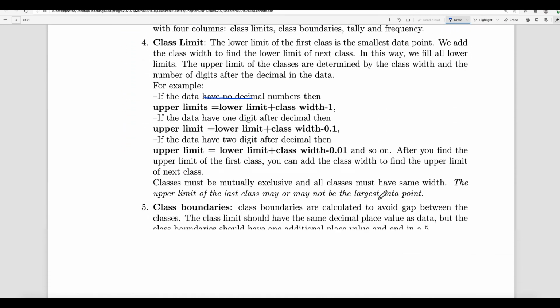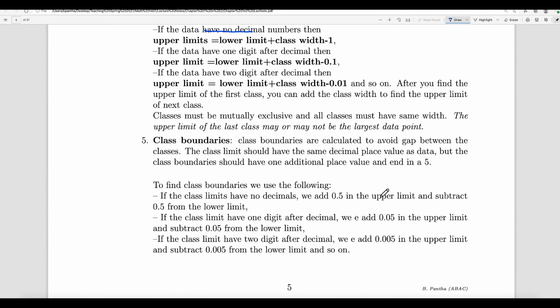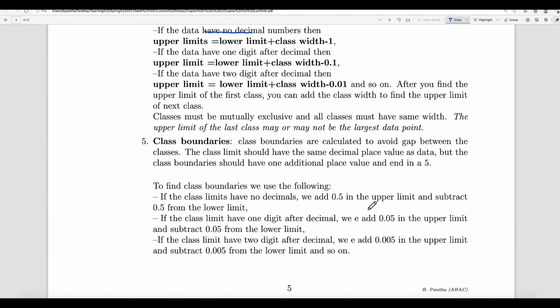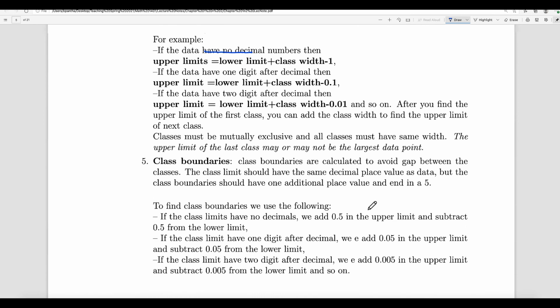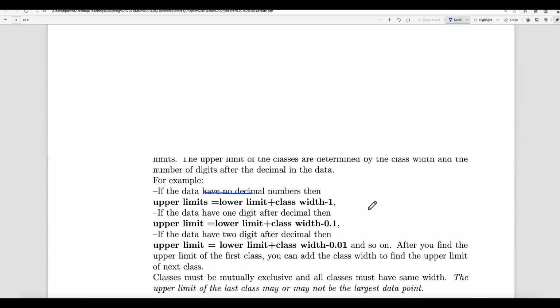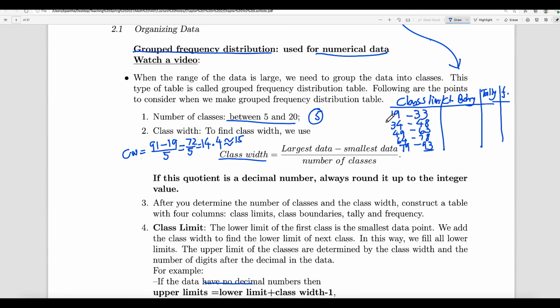Okay, let us look at the rule here. To find out the class boundaries, we use the following. How do I do that? If the class limit has no decimals, we add 0.5 to the upper limit and subtract 0.5 from the lower limit. What does it say? If the class limit has no decimals, there are no decimals here, right, in the class limit.